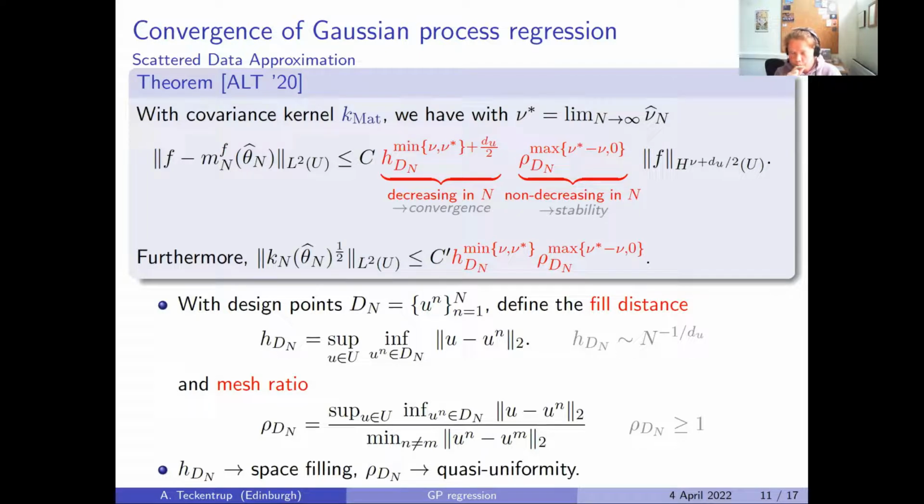That's the best that you can do. Essentially what this means is that you can get some stability issues if you have two points that are very close together, right? So if this minimum distance between points decreases very quickly with n, then you can get some stability properties coming in. I'm happy to talk more about that if people are interested.